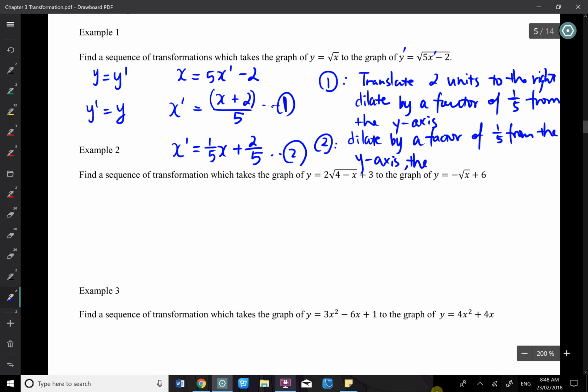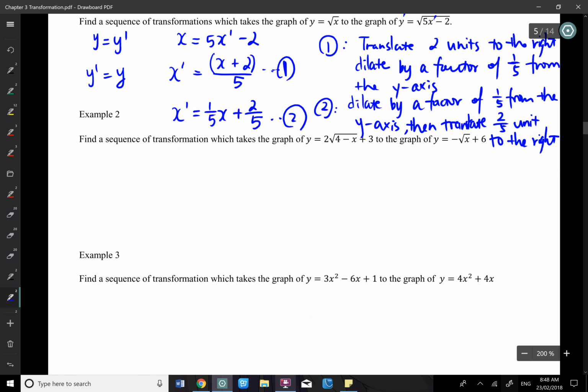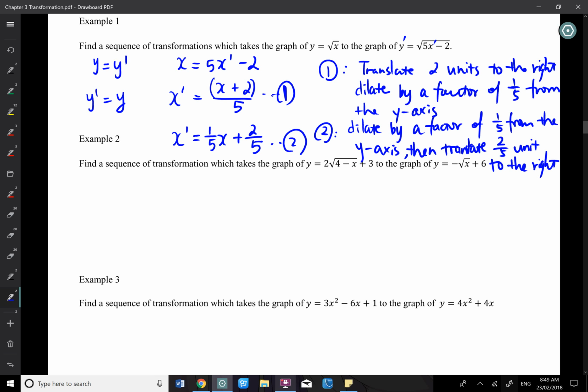Then translate 2/5 units to the right. Okay, they both dilate by a factor 1/5, but one is translate 2 units first and then dilate by 1/5. One is dilate by 1/5 and then translate 2/5 units to the right.